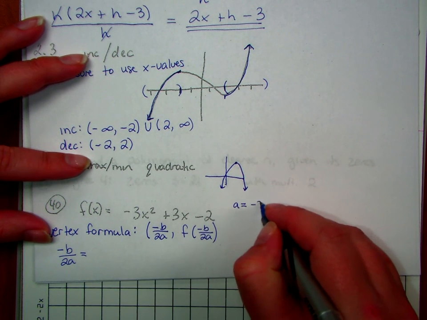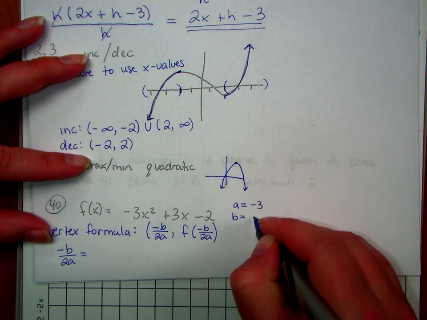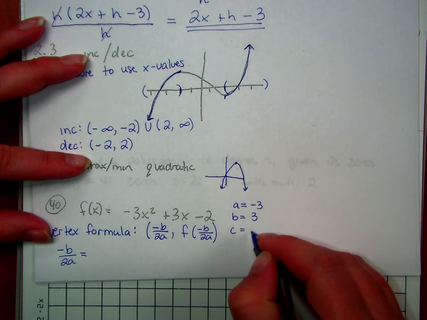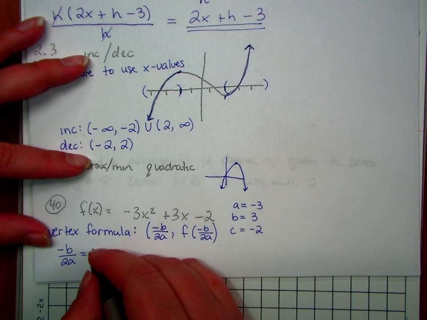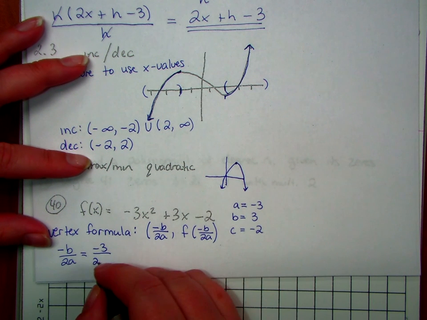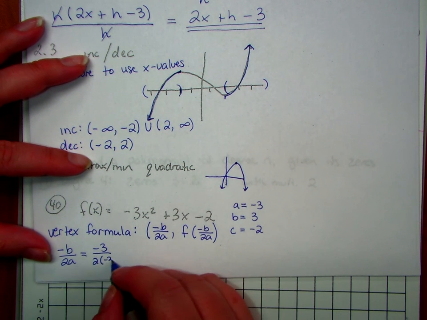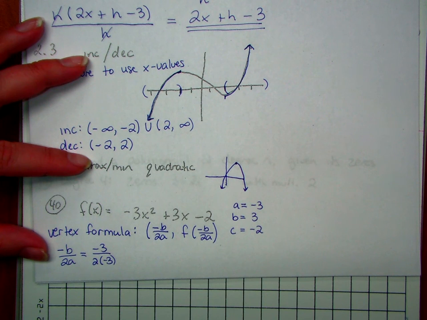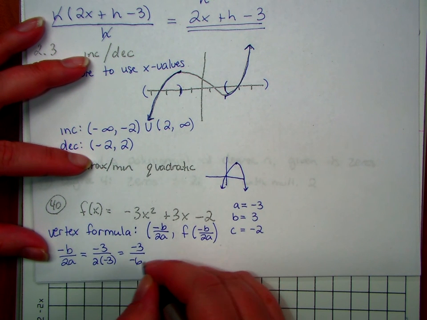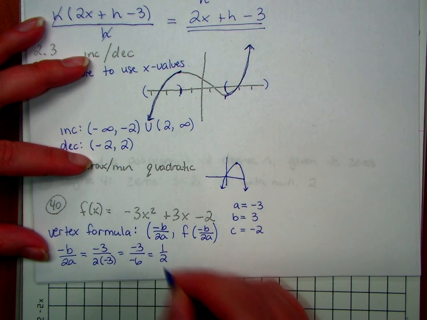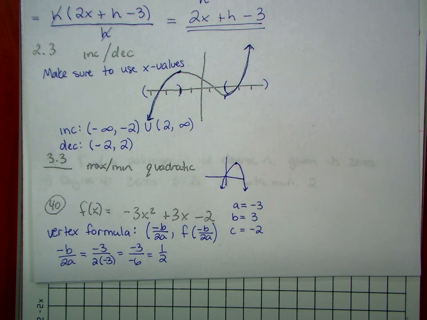A is negative 3, B is positive 3, and C is negative 2. Okay, so if we want to do negative b up top, we're going to get a negative 3 up top, and then 2 times negative 3 in the denominator. And so we're getting negative 3 divided by negative 6, which is 1/2, right?